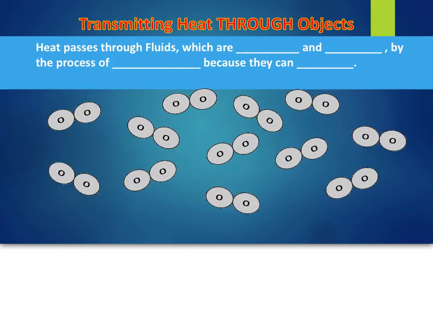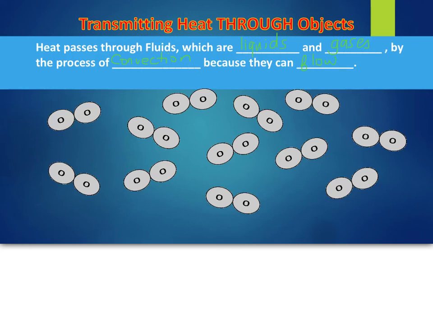Now, how does heat pass through fluids? We talked about this when we did the states of matter. Fluids are, and hopefully you remember this, liquids and gases. And the process by which heat flows through a fluid is called convection. And that is because these particles are able to flow, so they can move.